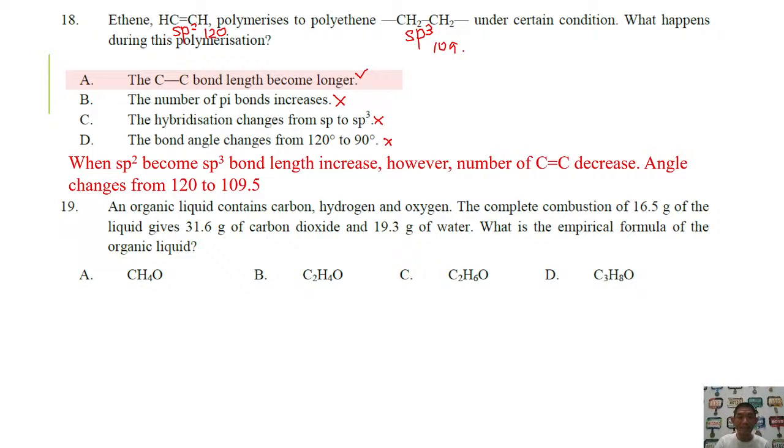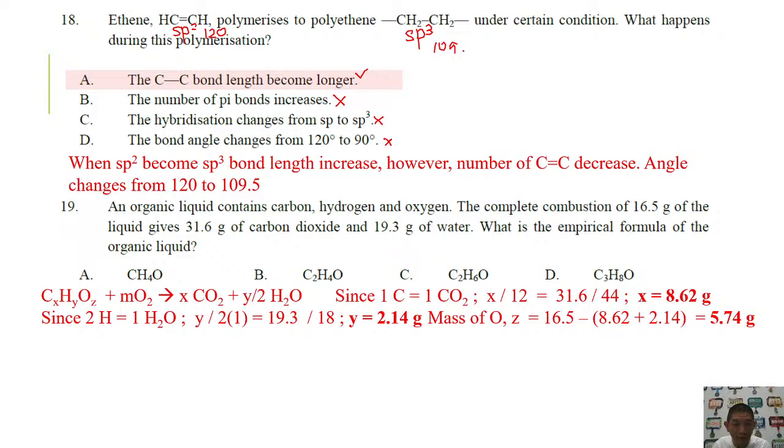So let's find out together how to do it. We have the general equation CxHyO plus mO2 gives xCO2 plus y over 2 H2O. Oxygen in here is not playing an important role, so we just put an unknown m.